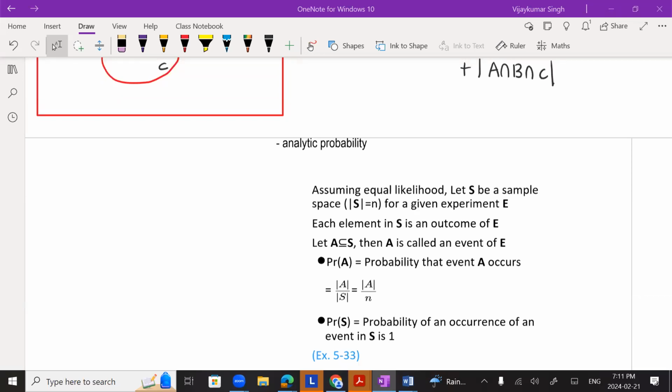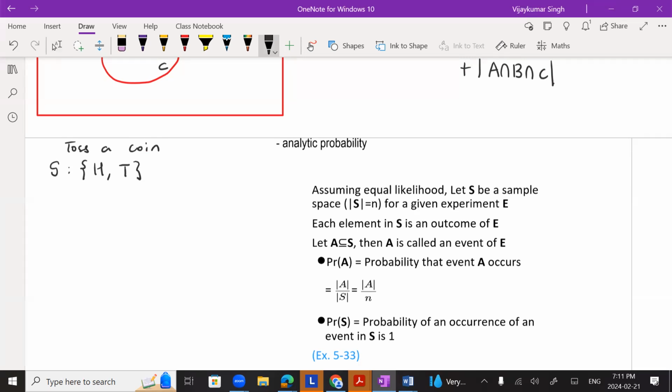Let S be a sample space. You do an experiment: toss a coin. So let my S be, say, I toss a coin. S could be head or tail. This is a sample space.